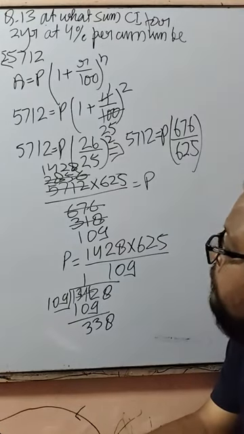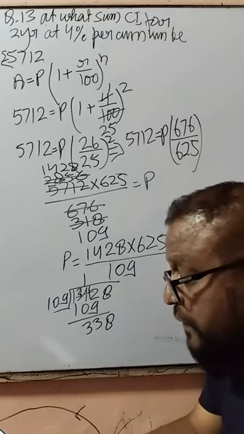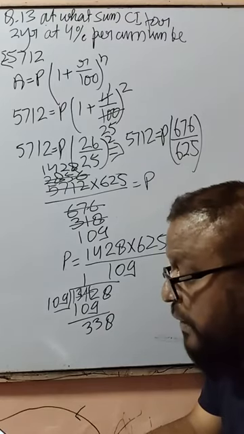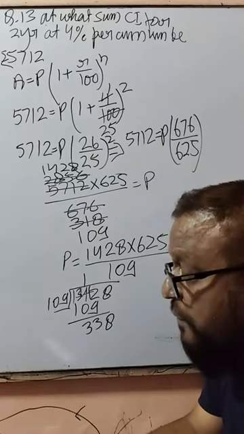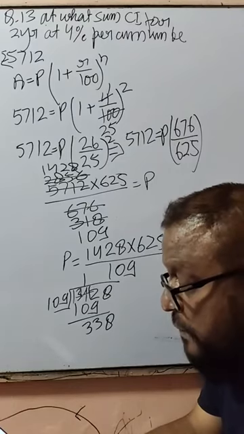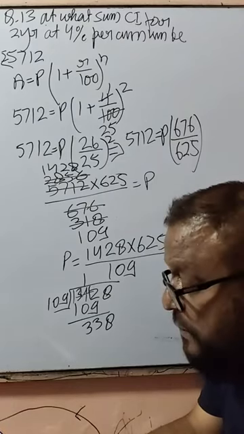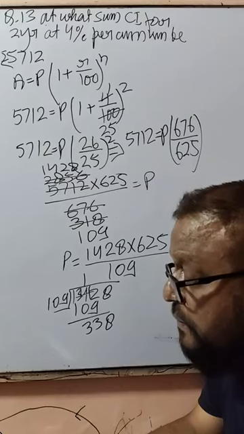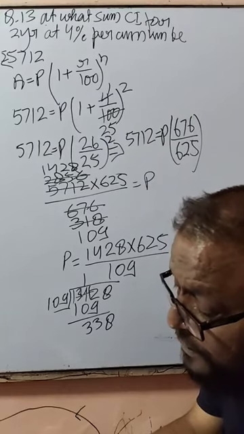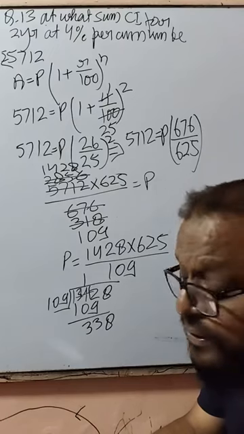So 5712 multiplied by 625 divided by 676 is 5,281 rupees and 6 paisa. What is your answer?